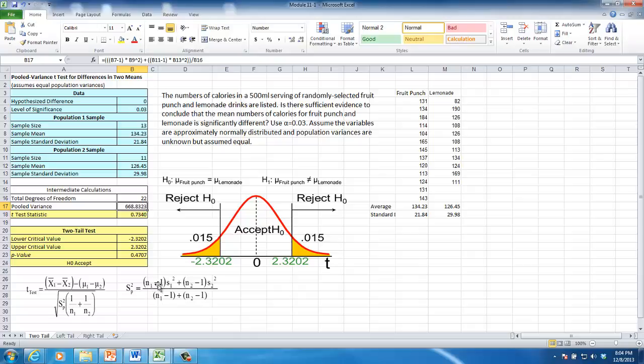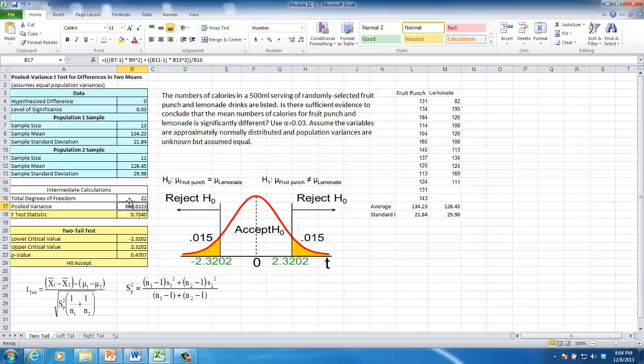N1 minus 1, where N1 is sample size 1, B7 minus 1, times B9, the standard deviation of the first sample squared, plus the second sample size B11 minus 1, which is 11 minus 1, times the standard deviation of the second sample squared, B13 squared, divided by B16.